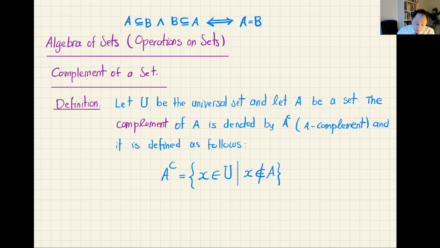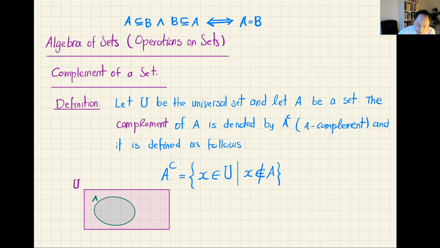Okay, so let me draw a Venn diagram for you. So this is very clear what this is, yes? So if this is my universal set, and then this is my set, whatever is just outside this green one, which is not inside my set, is the complement of A, yes?